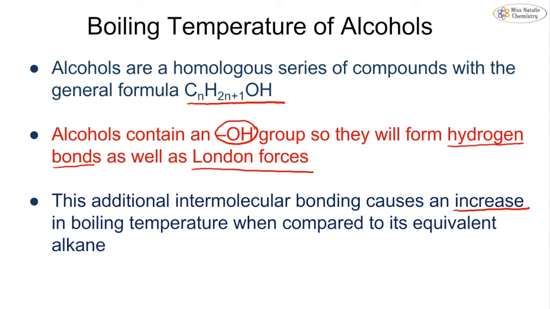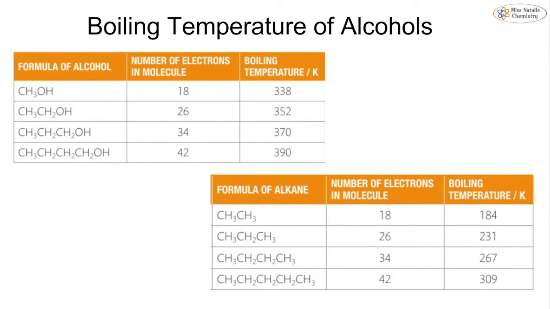So what does that actually mean? Well, if we look at our number of electrons and compare them, methanol has 18 electrons, which is the same as ethane.